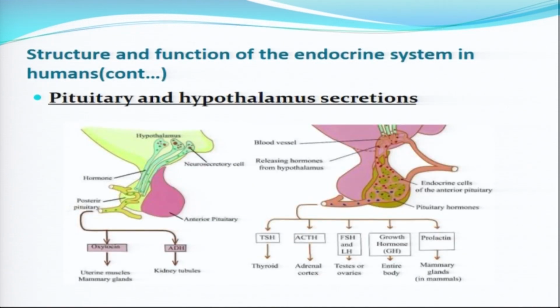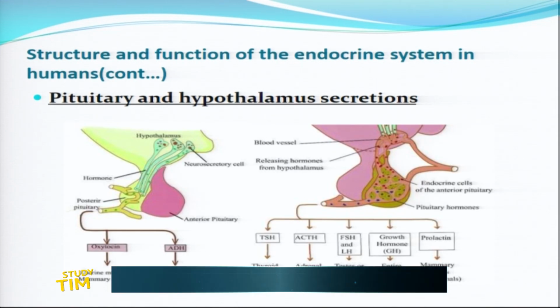So now, as I have said, we have this pituitary gland which secretes different hormones. It stimulates glands such as the thyroid gland and adrenal gland to secrete, like adrenaline. Also, it secretes hormones like what?